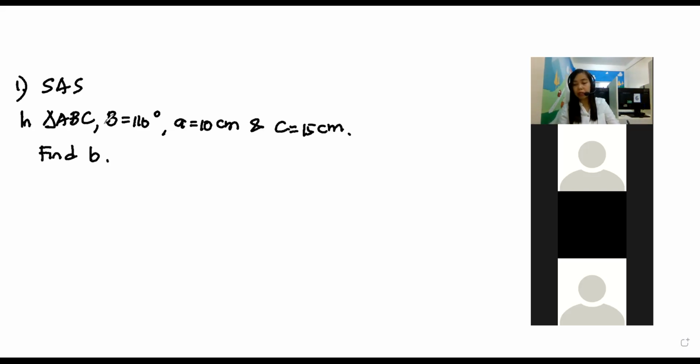Side b. All right. So if we draw this triangle, we will have a triangle ABC. Sorry, this is not our triangle, since it says there we have 110, so obviously it is not right. It's an obtuse triangle.